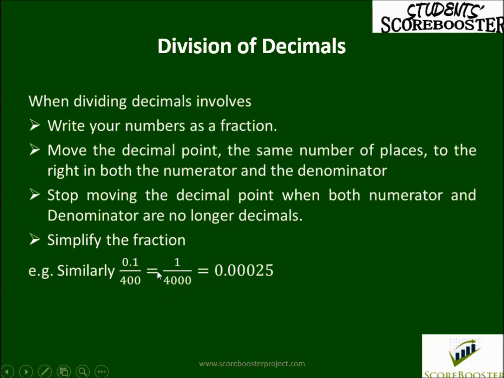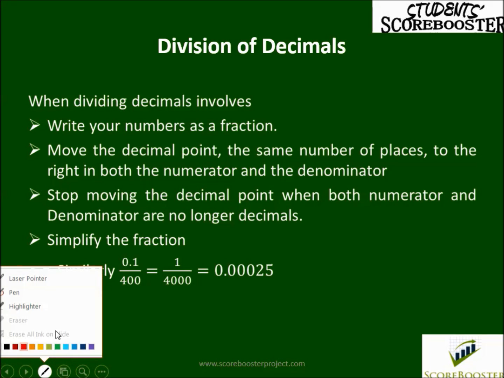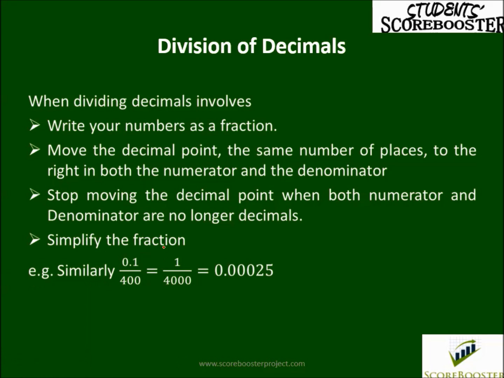So 0.1 divided by 400. The first point here, write the numbers as a fraction. Then move the decimal point the same number of places. When you move the decimal point the first place, you have 1.0 here.